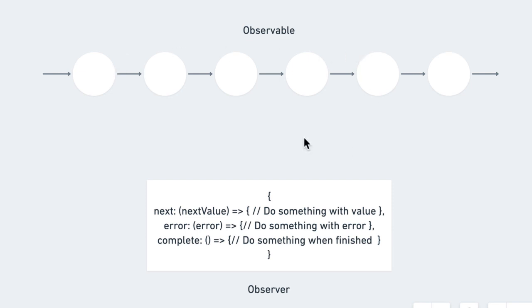The observer is a piece of code that essentially has 3 function calls on it. It has a next call, which is literally just the code that you execute whenever a new event happens. An error call is something that we do when an error occurs. So you can imagine if there was a stream of possible API calls to a backend of some kind, like what we have.